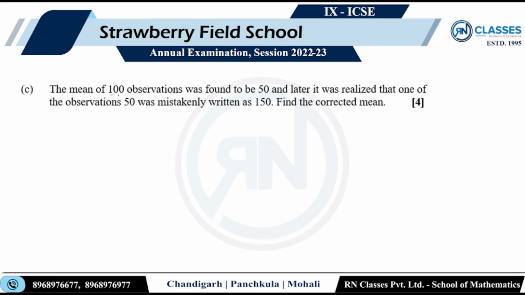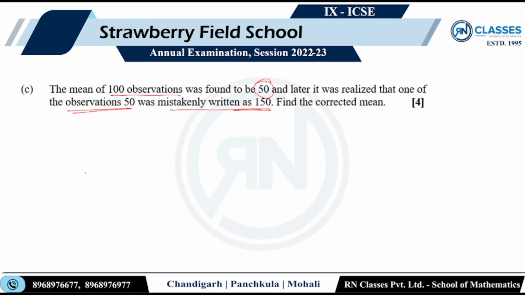The mean of 100 observation was found to be 50. Later it was realized that one of the observations 50 was mistakenly written as 150. Find the correct mean.